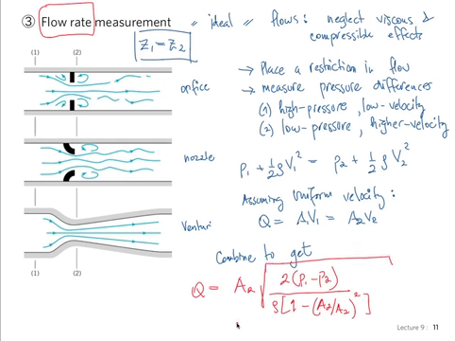But the thing that I want to point out is that Q is actually proportional to the square root of delta P. This is the important conclusion that I want to point out, which is that the flow rate can be measured by looking at pressure differences.